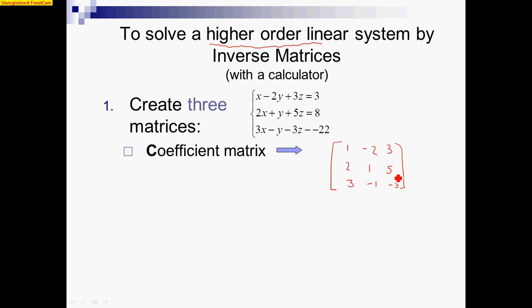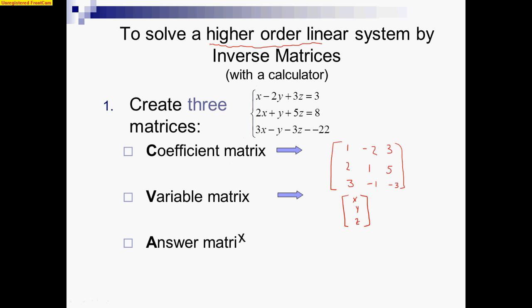Next, I make a variable matrix. Only this time my variable matrix doesn't have just x and y in it. What does it have? X, y, and z. And your answer matrix? 3, 8, and negative 22.